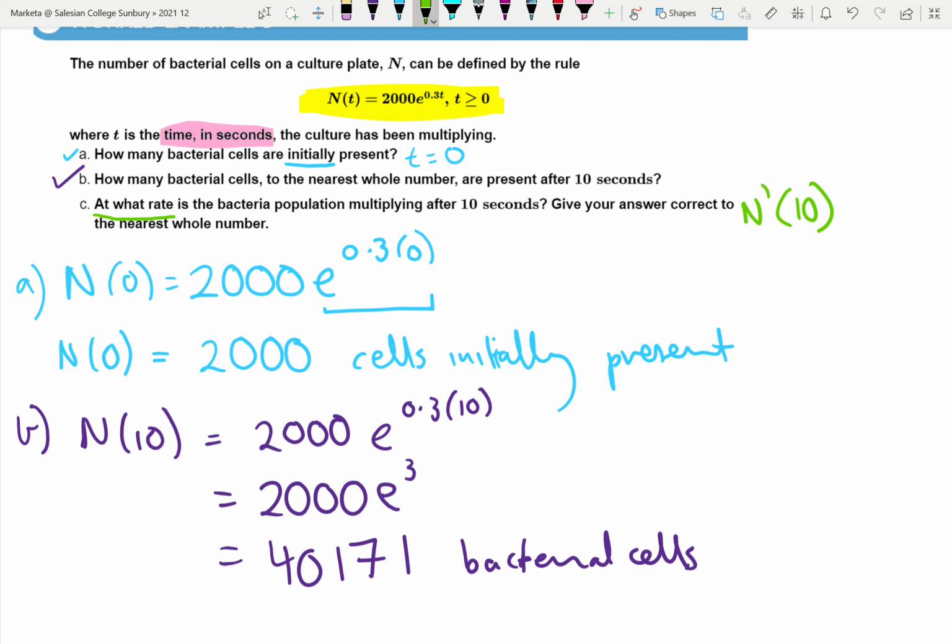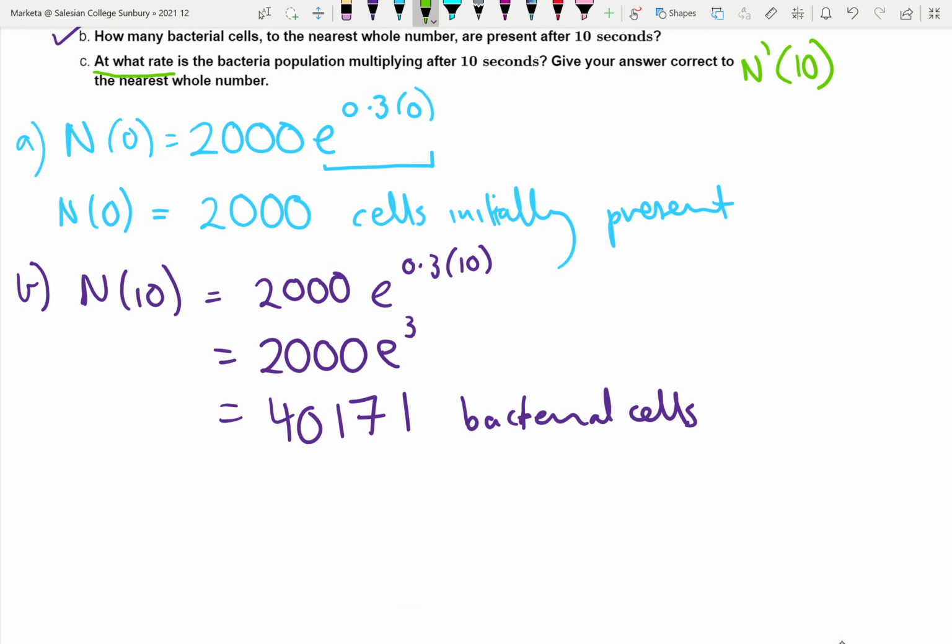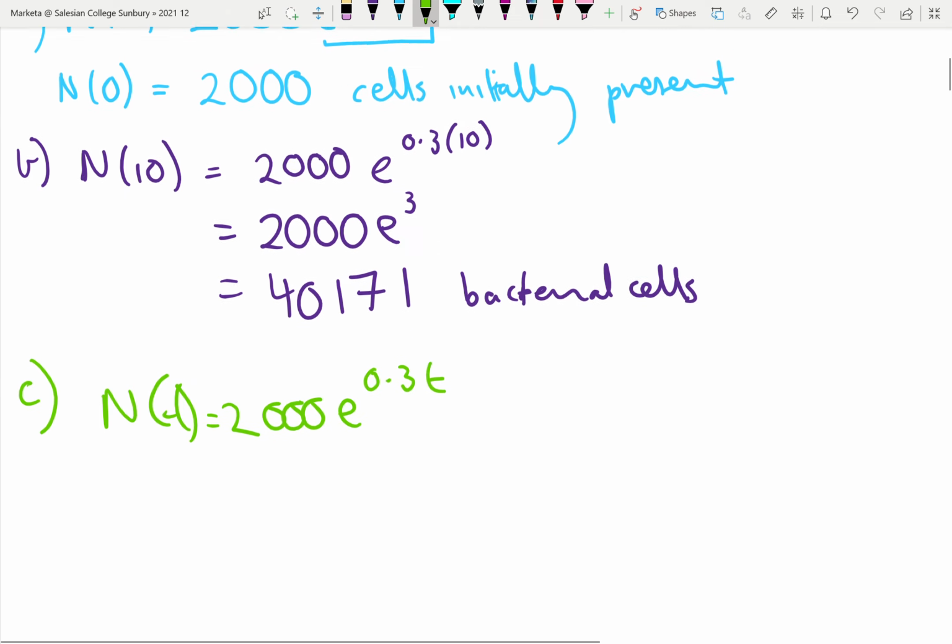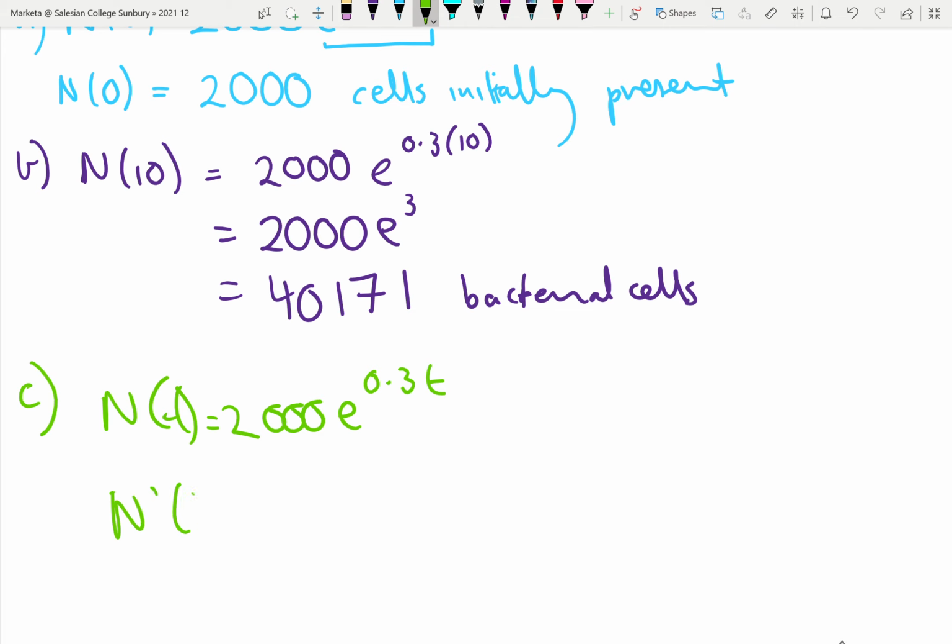First we need N'. N(t) is 2000e^(0.3t), and for N'(t) we take the 0.3 and multiply it by 2000. 2000 times 0.3 gives 600e^(0.3t). So that's our derivative function.